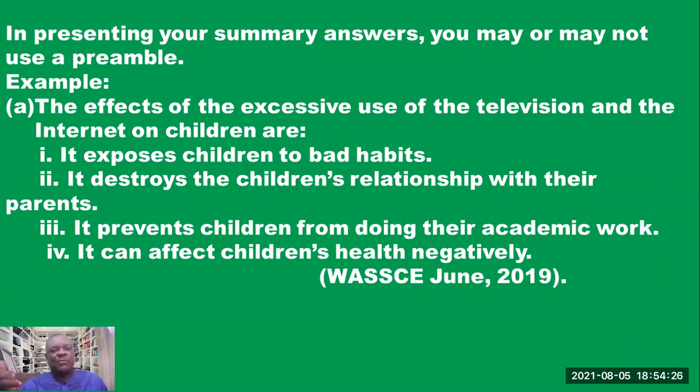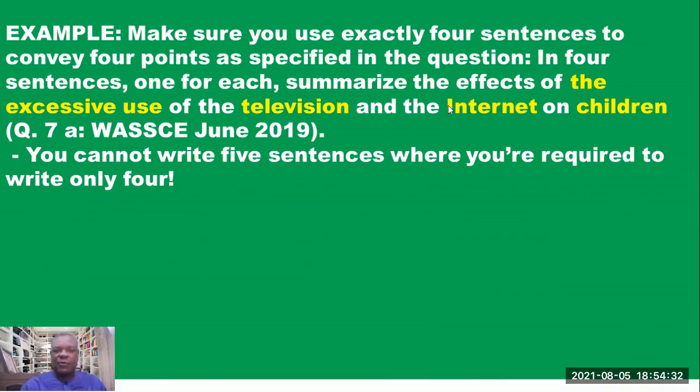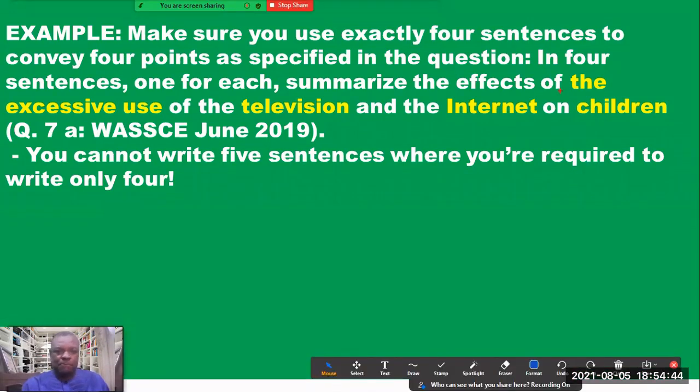All right, let's look at how you actually carve out your preamble. If you decide to use a preamble, remember the question we looked at: in 4 sentences, 1 for each, summarize the effects of the excessive use of the television and the internet on children. So your preamble should start from here.